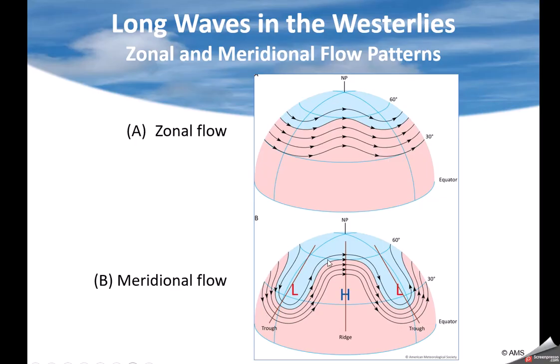Meridional flow is significant: very deep troughs, very big ridges. So what happens if you push all that cold air south and all that warm air north, you wind up with tremendous temperature contrast here. In zonal flow, things move pretty quickly from west to east, and you don't get that strong system. Here you're going to get a much stronger system. It's a meridional flow.